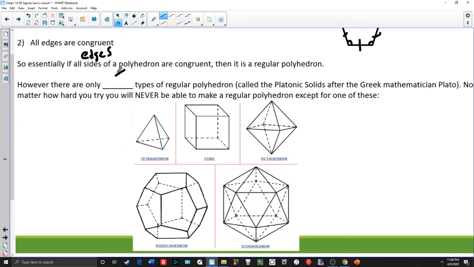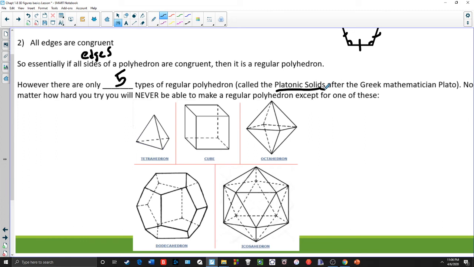There are only 5 regular polyhedrons in the entire world. And these are a very crucial study in a lot of geometry called the Platonic solids. It's a very, very well studied and even still studied aspect of geometry because they were not necessarily discovered, but they were heavily investigated and studied by an ancient Greek mathematician called Plato.